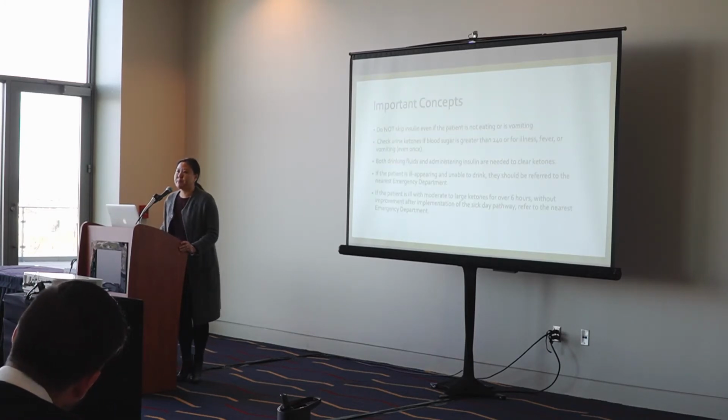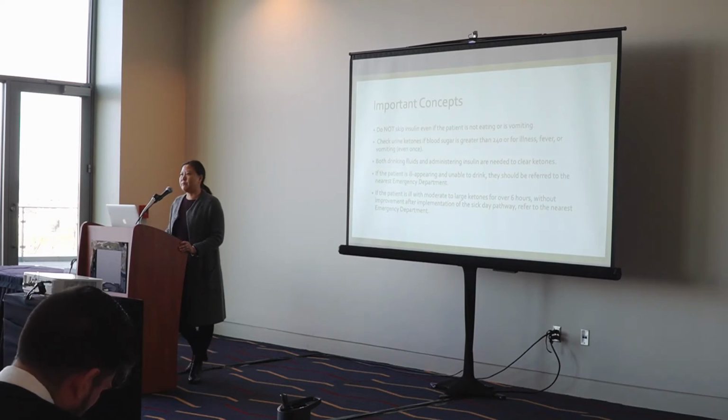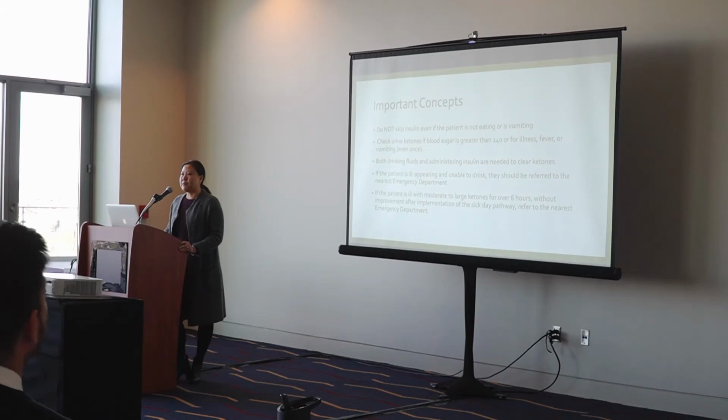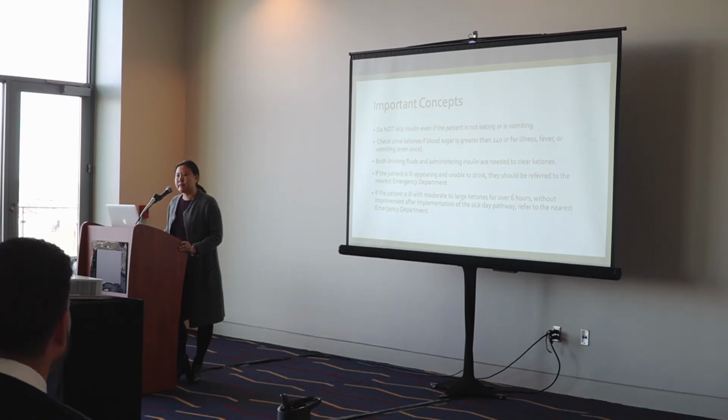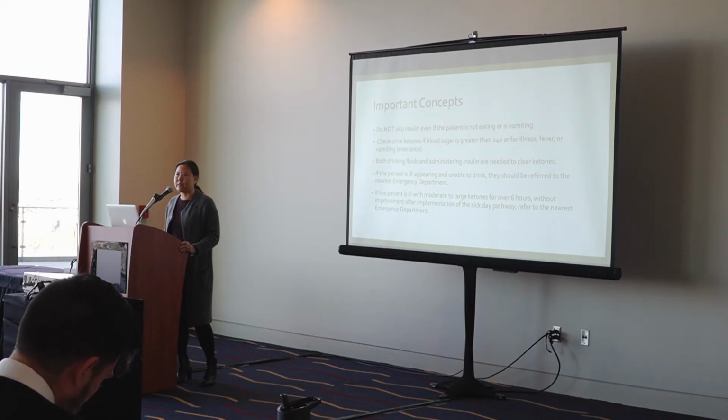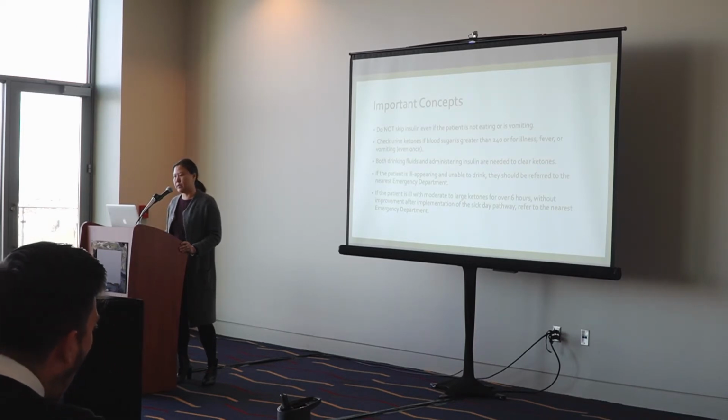So there are some important concepts to keep in mind regarding following these pathways. They shouldn't ever skip insulin when they're sick, because insulin is what's going to start turning around the pathway of ketosis and allowing them to stop the cycle to metabolic acidosis.